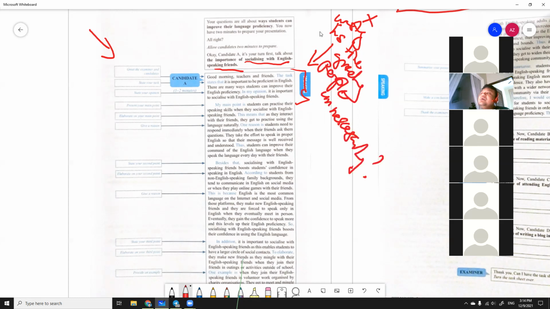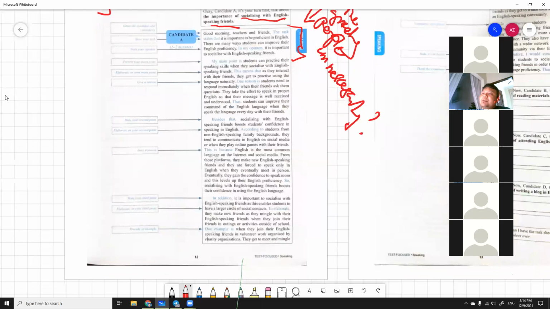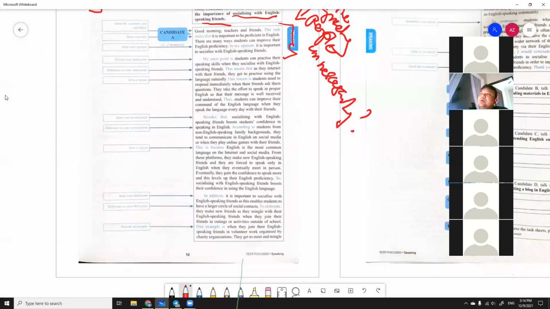So it should be brief and straightforward like this. Okay, you would see from here, where is it? Main point. My main point is, okay, it should be replaced with first of all.